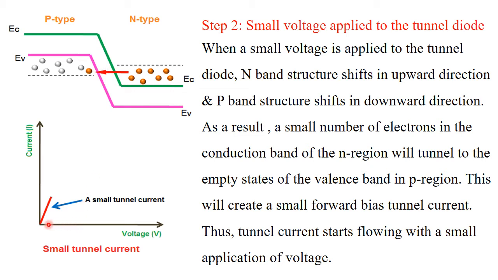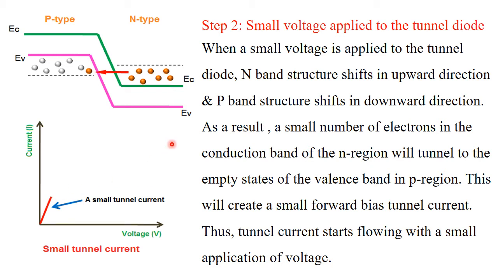You will be able to see here we are increasing the voltage along the x-axis, and noting the current along the y-axis. So as we increase the forward bias voltage across the tunnel diode, the current is increasing, and it is a tunnel current.